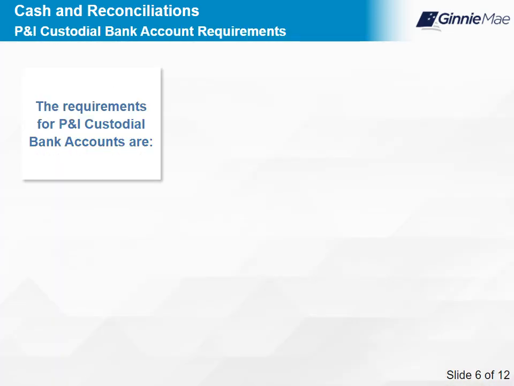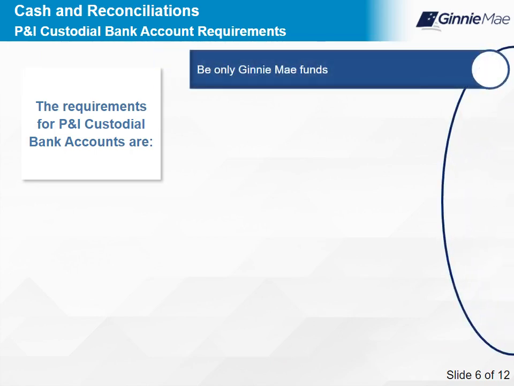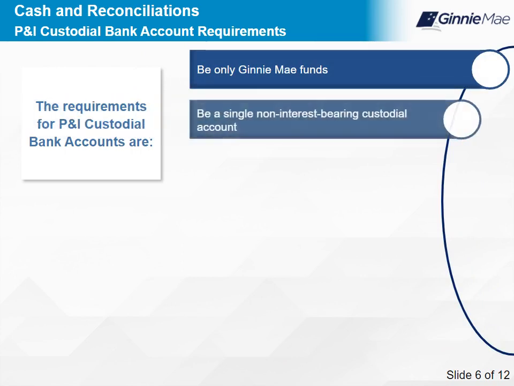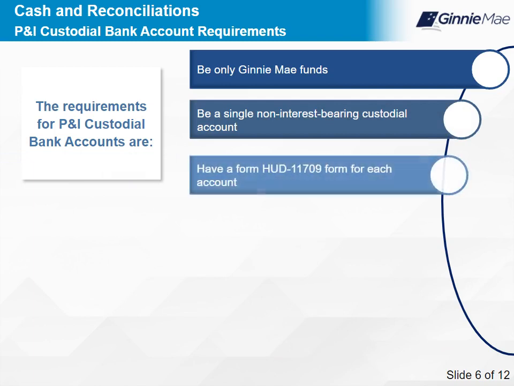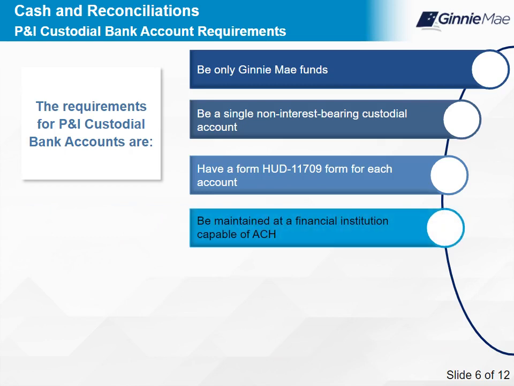Turn your attention to the requirements for the P&I custodial bank account. It must be only Ginnie Mae funds, be a single non-interest-bearing custodial account, have a Form HUD 11709 form for each account, be maintained at a financial institution capable of ACH.